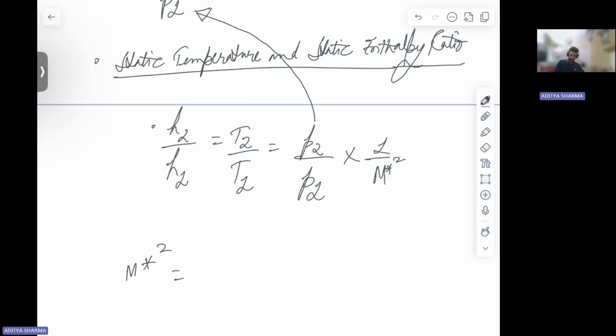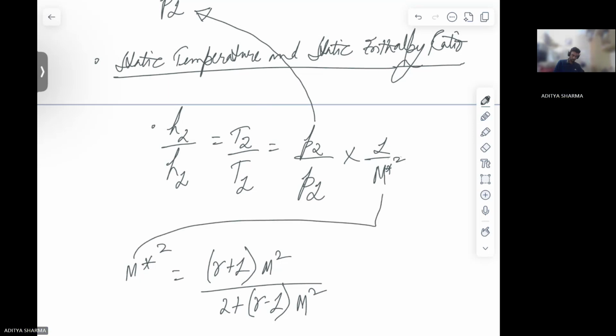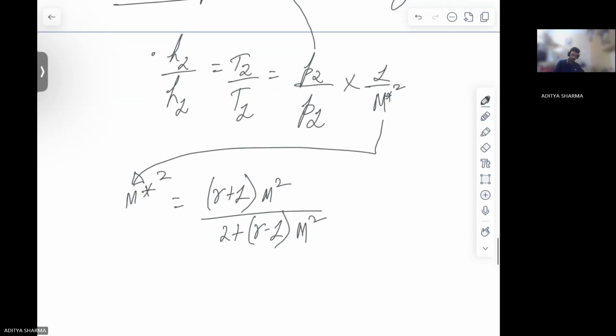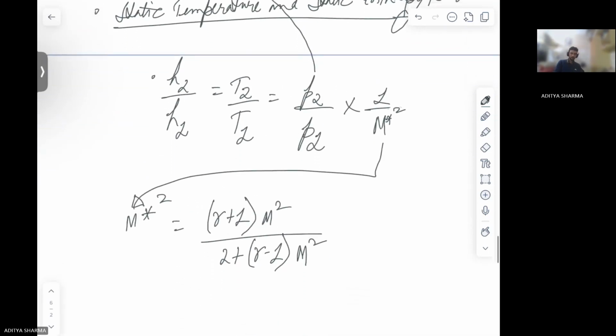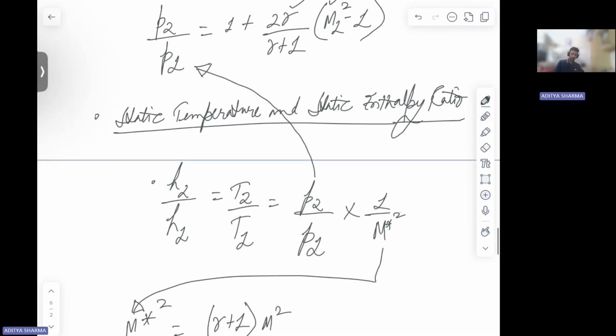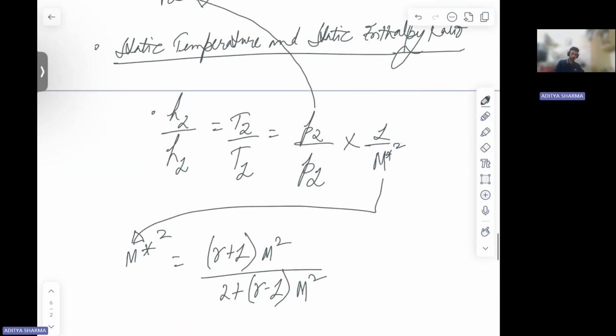M star square is this. So this way the static temperature and static enthalpy ratios can be calculated.